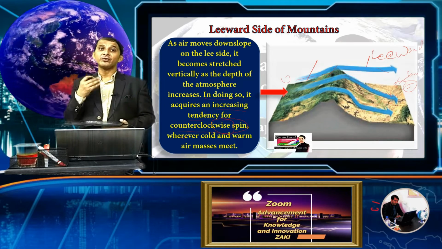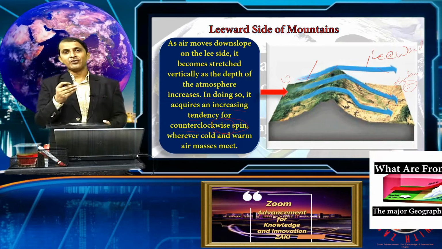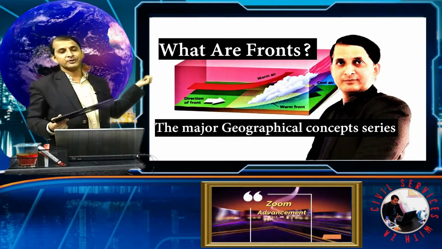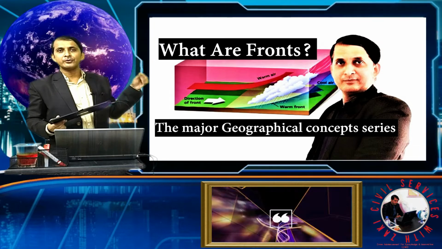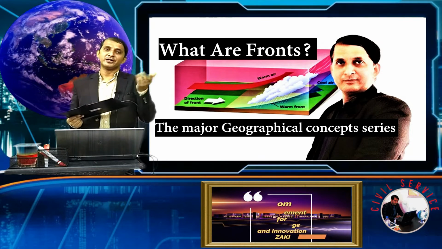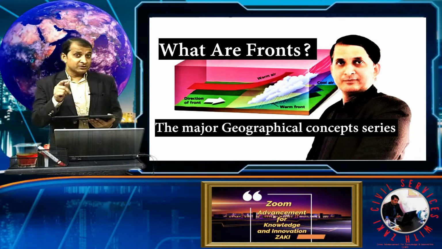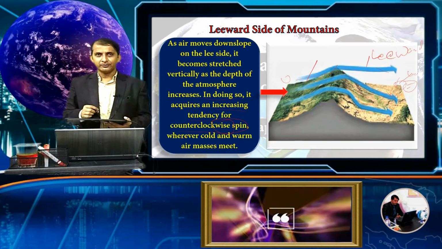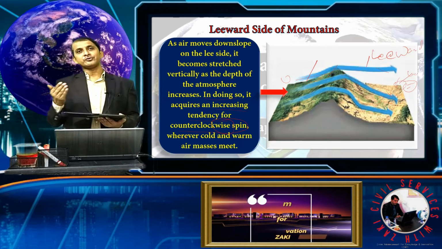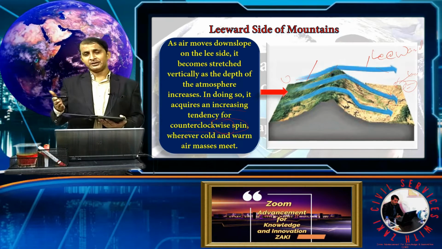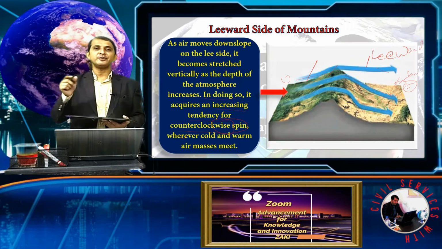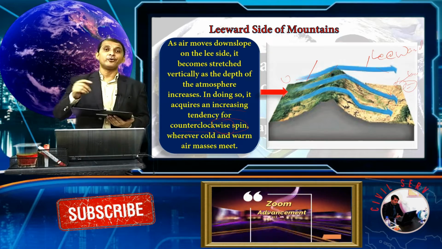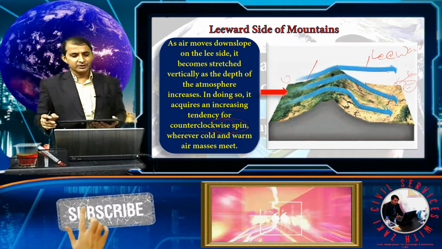If you want to know more about what fronts are, we also have a video on what fronts are. You can watch it to understand fronts. These fronts play a great role in the formation of mid-latitude cyclones, and in this lecture we also see animation of how they play this role.